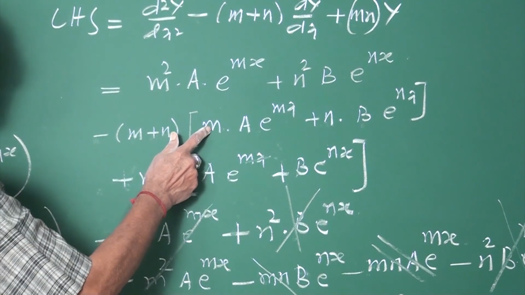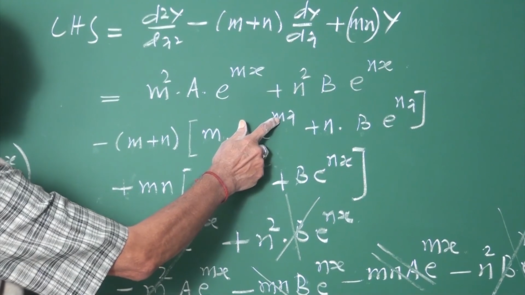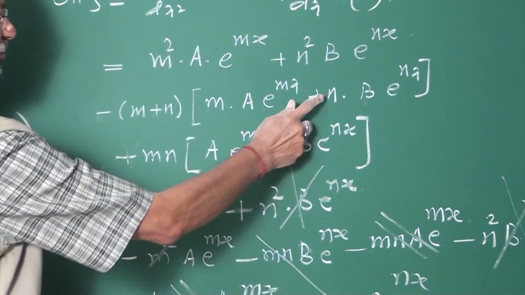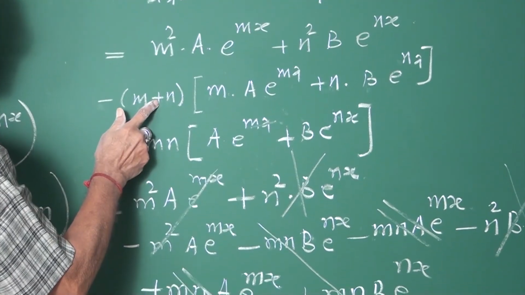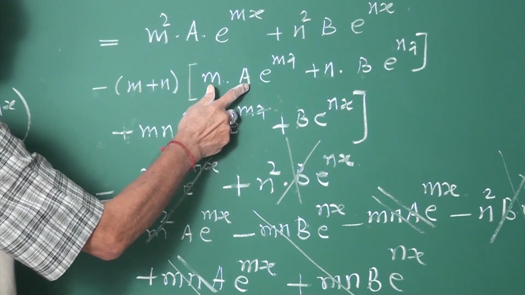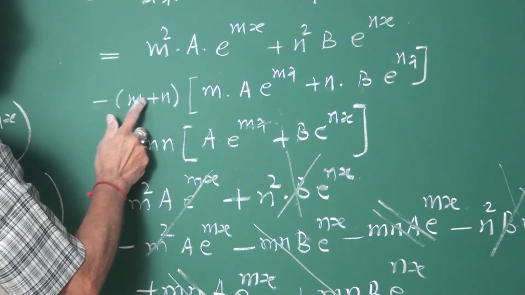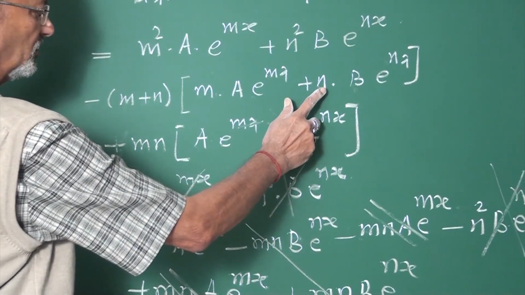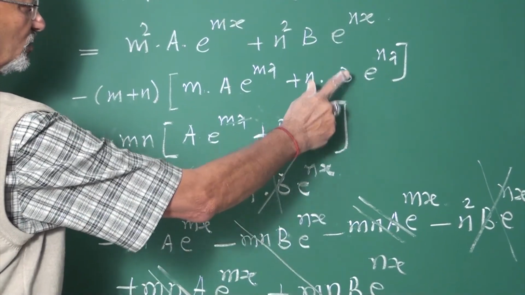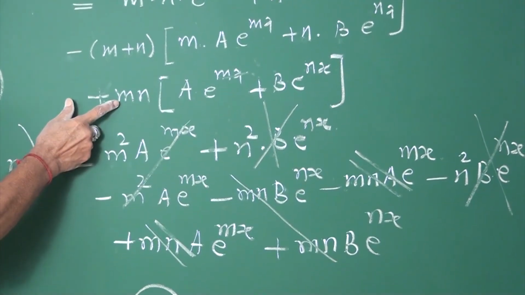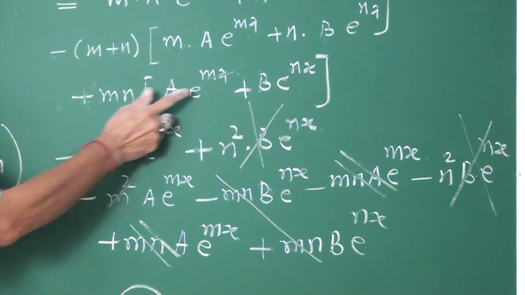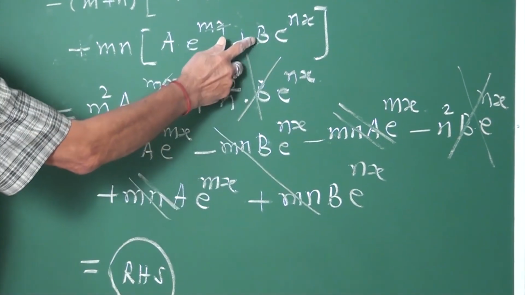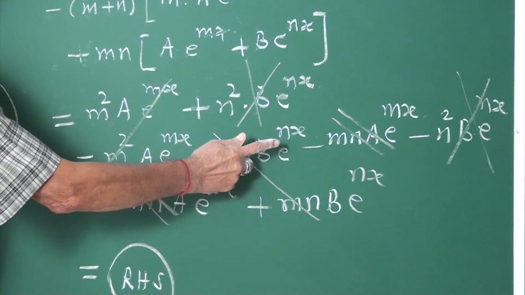Minus m with m, minus m square a into e to the power mx, minus m into n into b into e to the power nx, with plus minus n into m, minus mn into a into this, minus n square into b into e to the power nx. Then mn a e to the power mx plus, with plus mn b into e to the power nx.